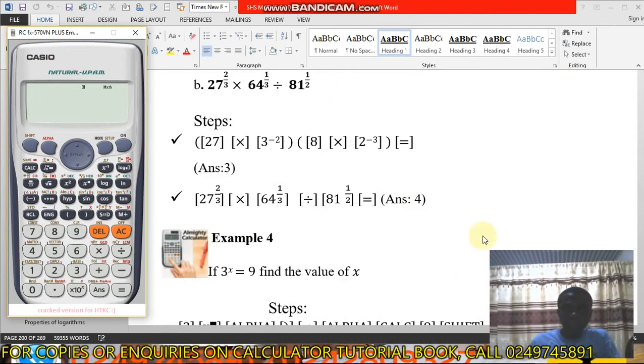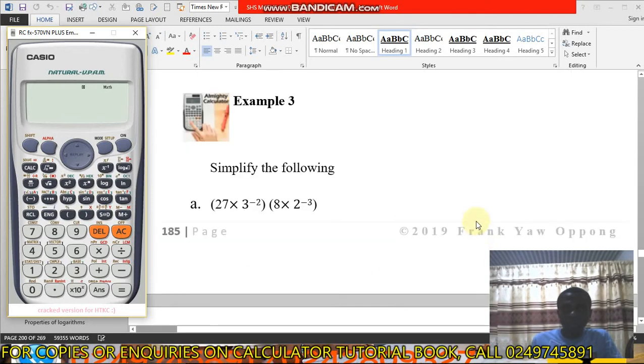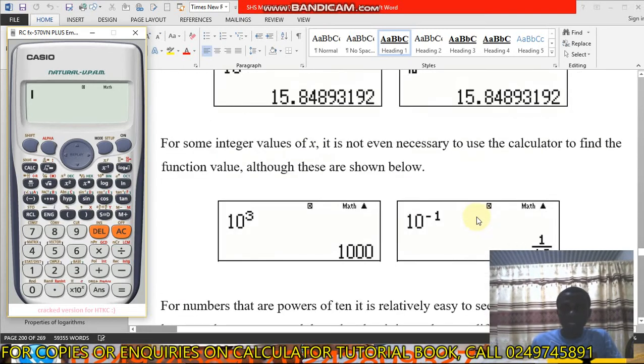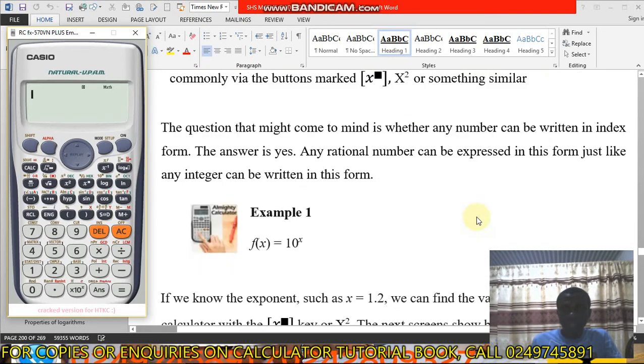In our previous tutorial, we began the introduction to indices, part 1. We got to know how to deal with simple equations involving indices.